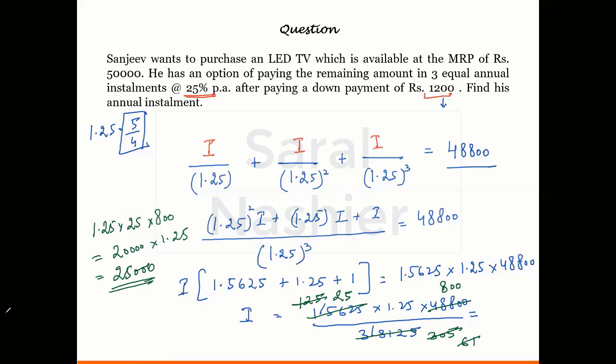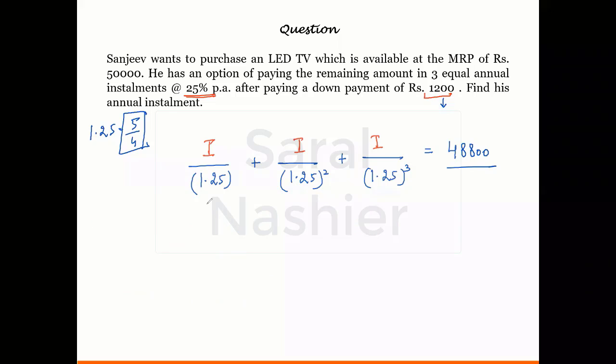I hope you have understood this part now. So now I'll also show it to you just by taking fractions, how we could have made our job easy by taking fractions in this case. This will give you a good idea about the calculations. Here 1.25, if I write it as 5 by 4, it will become 4 by 5 times I, this will become 4 by 5 squared times I, and this will become 4 by 5 cube times I. This is equal to 48800.